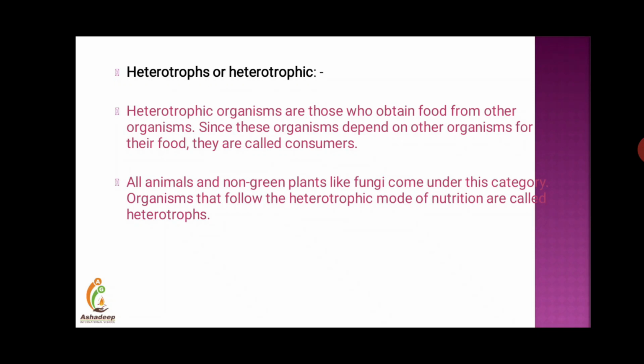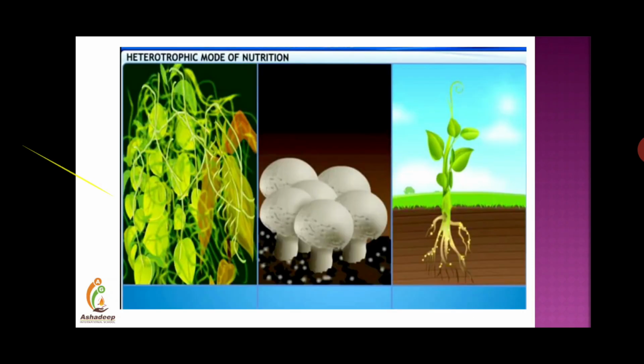All animals and non-green plants like fungi and mold come under this category. Organisms that follow the heterotrophic mode of nutrition are called heterotrophs. Let's see in this picture mold, different colors of plants.